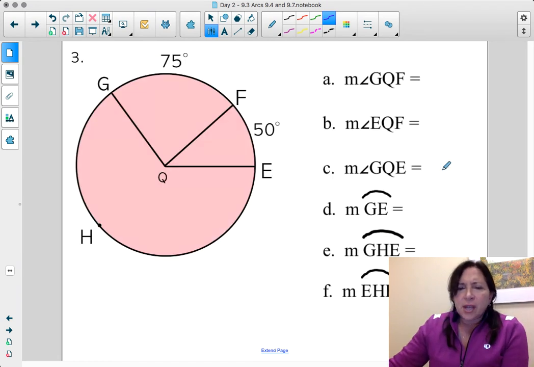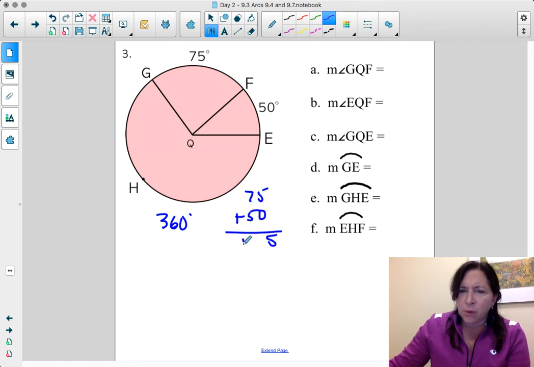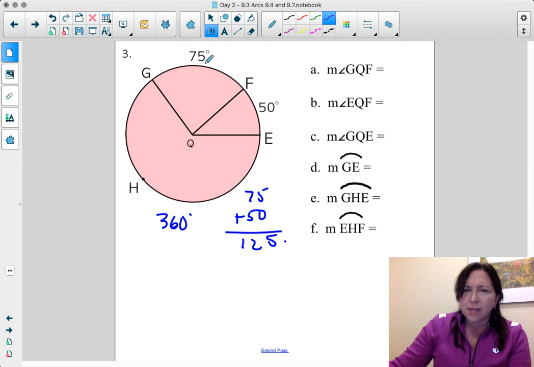For this problem right here, we have a circle, and we know that all the way around the circle is 360 degrees. Again, 75 plus 50 is 125, so we know that from here to here is 125.